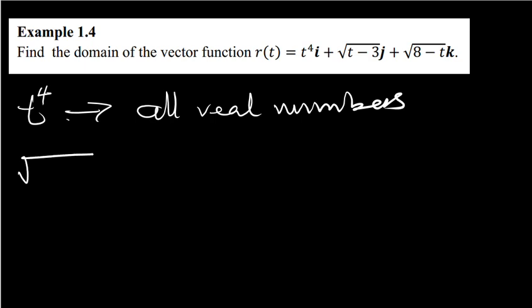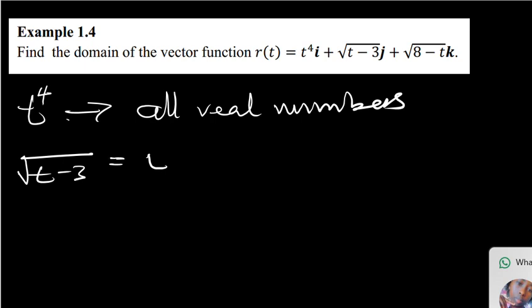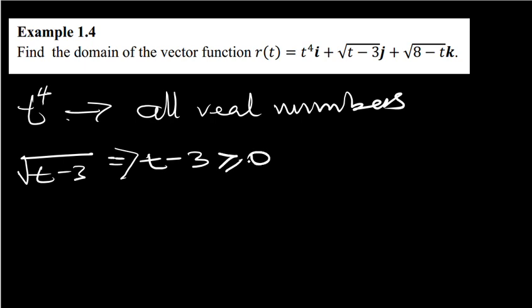Then the domain of the square root of t minus 3 will be numbers of t that will make this expression t minus 3 zero or positive. So t minus 3 should be greater or equal to 0, which implies t should be greater or equal to 3.